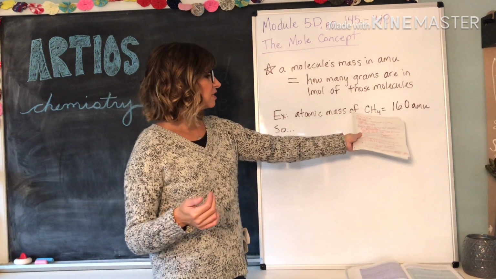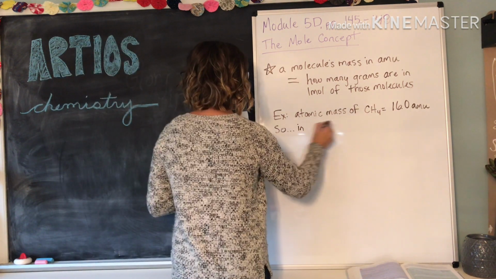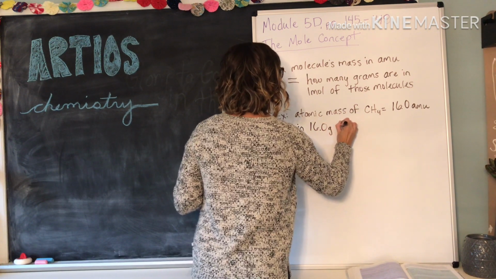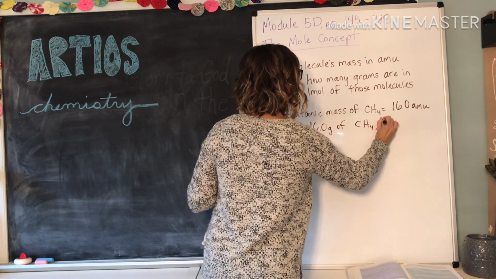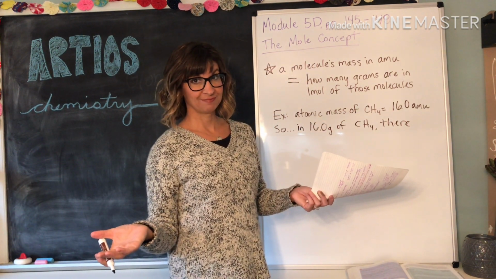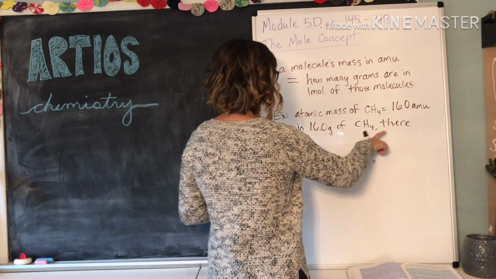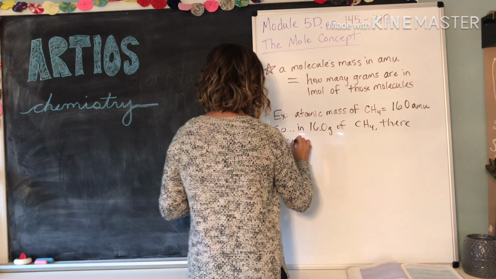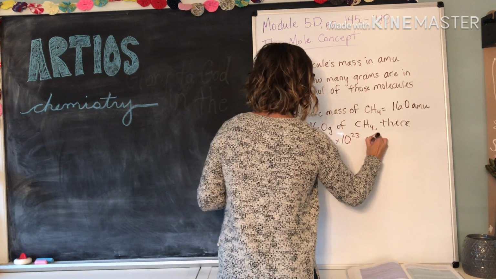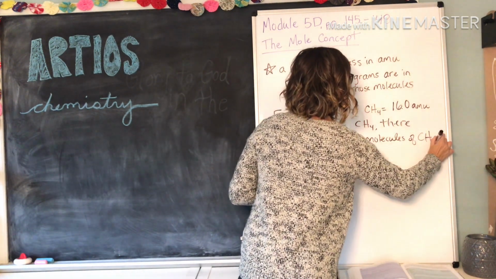So I got the atomic mass for this molecule, 16.0 AMUs. This means that in 16.0 grams of CH4, there are how many molecules of CH4? 6.02 times 10 to the 23rd. So in 16.0 grams of CH4, there are 6.02 times 10 to the 23rd molecules of CH4, okay?